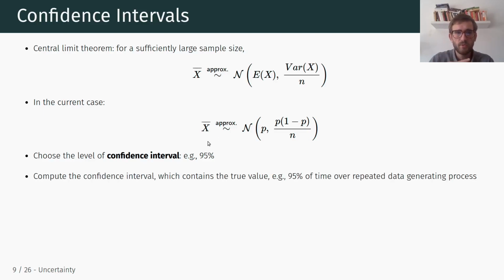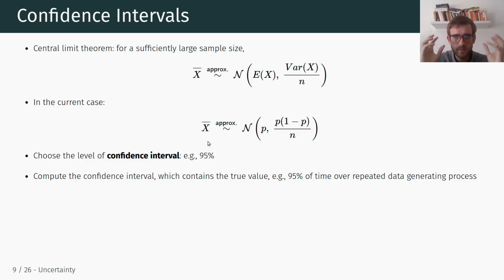Specifically, we will compute an interval around our point estimate based on our individual sample, right? And this interval, over repeated sampling, will contain the true value 95% of the times over repeated data generating processes.